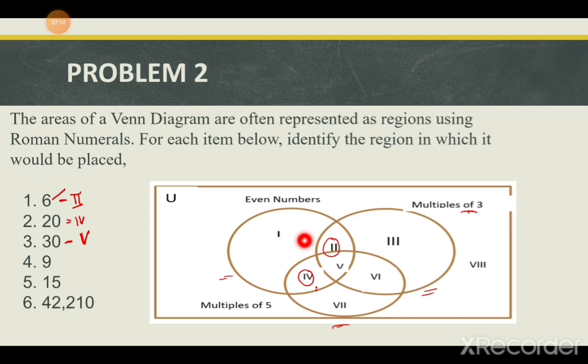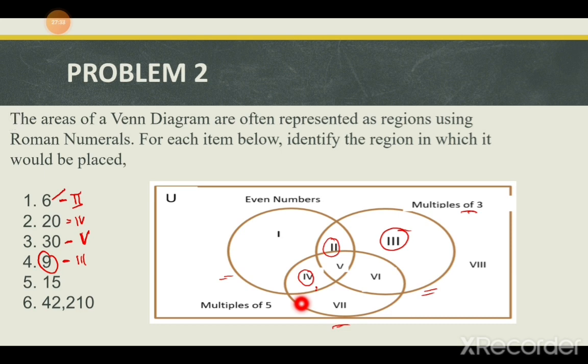And also, if I will divide your 9 by 5, I will not get an exact whole number. Okay? So, I may conclude that my 9 is only a multiple of 3, wherein I will place it in your Roman numeral 3. Tama ba?